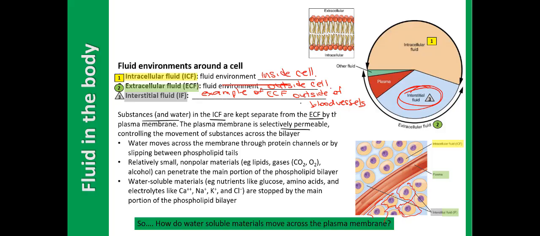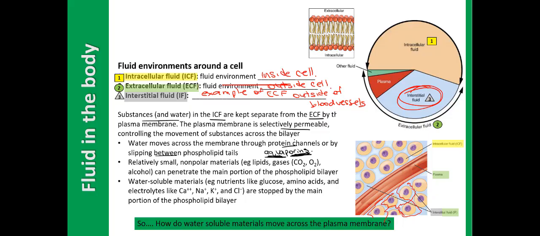In terms of the selective permeability of the plasma membrane, it allows water to either slip between the phospholipid tails, because water is a small enough molecule, or through protein channels called aquaporins. If you look at the name, aqua refers to water, porins refers to pores. So aquaporins are an example of the integral membrane proteins I talked about in the previous slide.